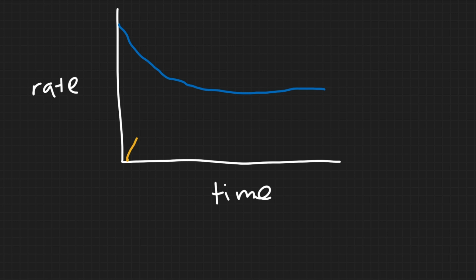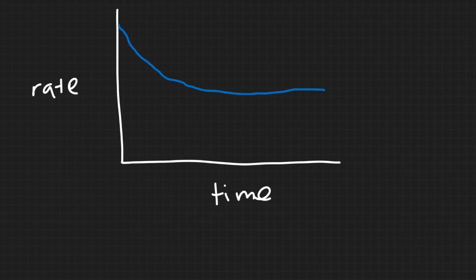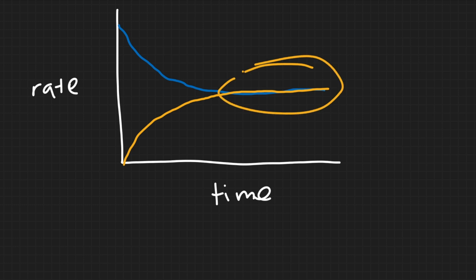And then we have our reverse reaction, which obviously would start slower and then speed up over time as more of our product is available to react to go the other way in the reaction. So as we can see, over here, this is where we're getting our equal rates.